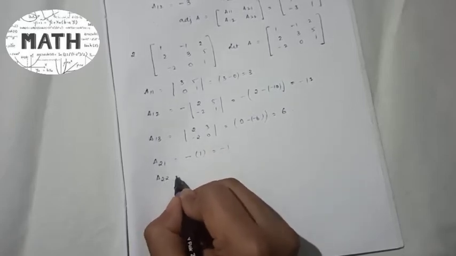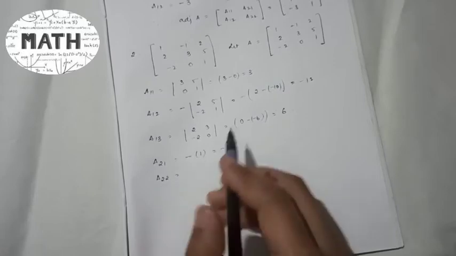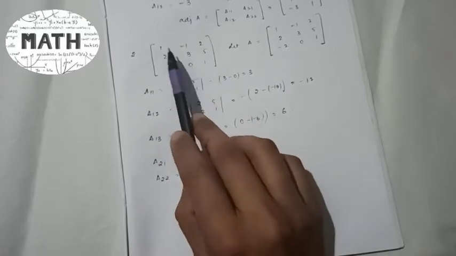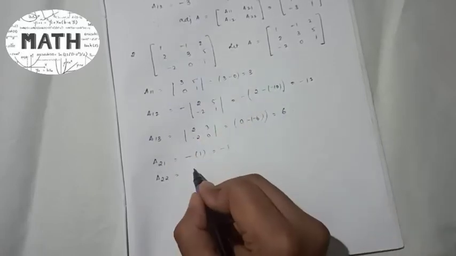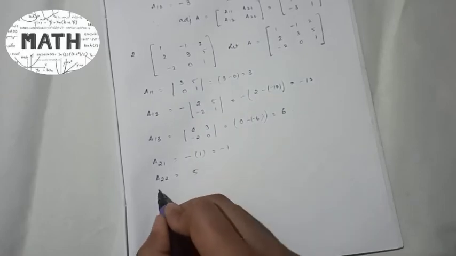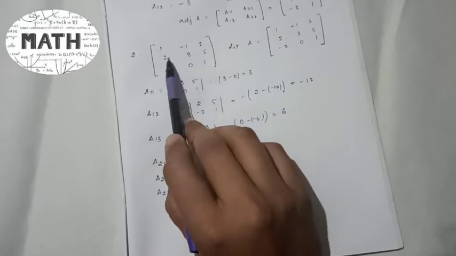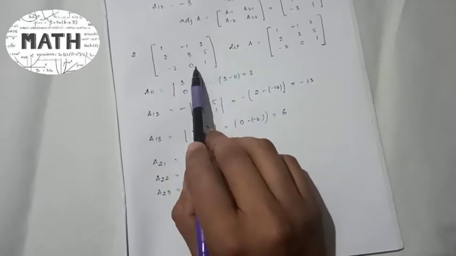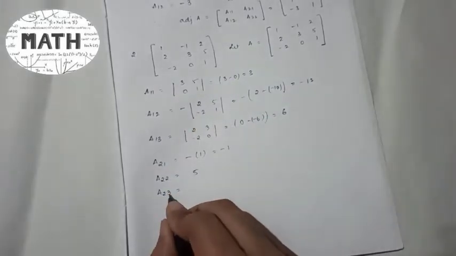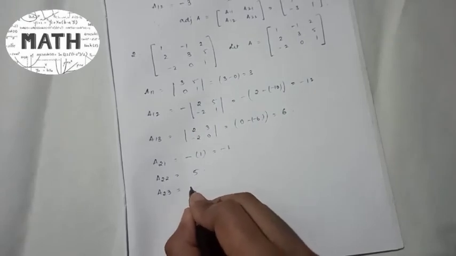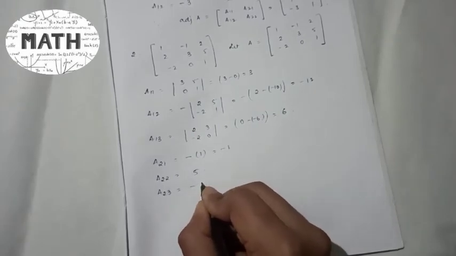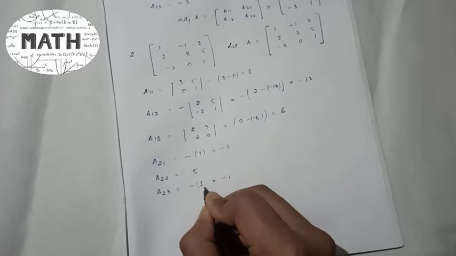A22, second row, second column gone, if you solve, you will get 5. And A23, second row, third column gone, is odd, so minus, and that will be 1 again, which is minus 1.